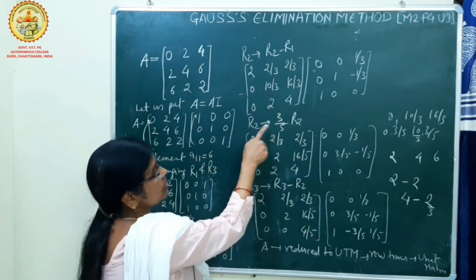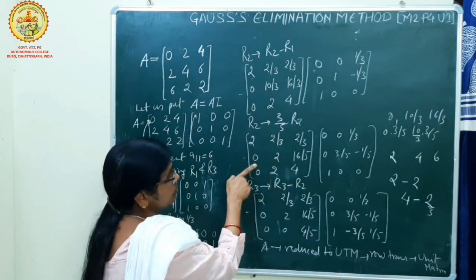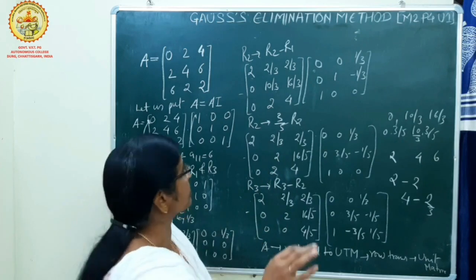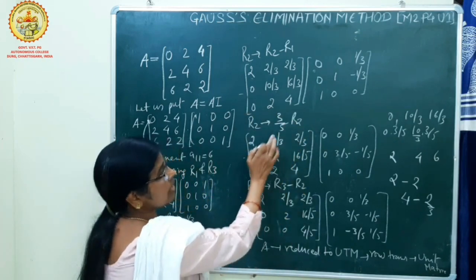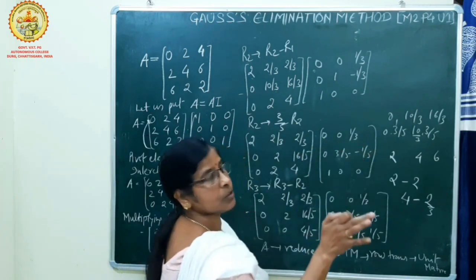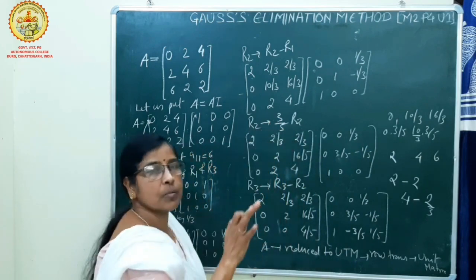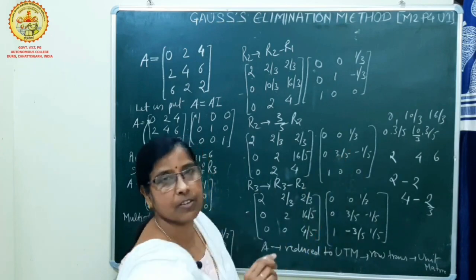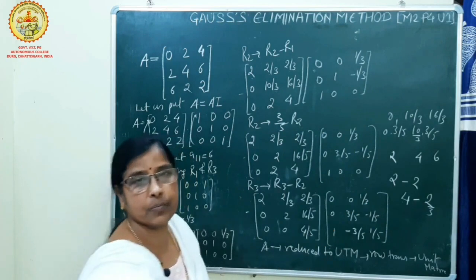The second row becomes 0, 2 and 16 by 5. There is no change in the third row. Similarly in the unit matrix, no change in the first row; the second row multiplied by 3 by 5 becomes 0, 3 by 5 and minus 1 by 5. There is no change in the third row.